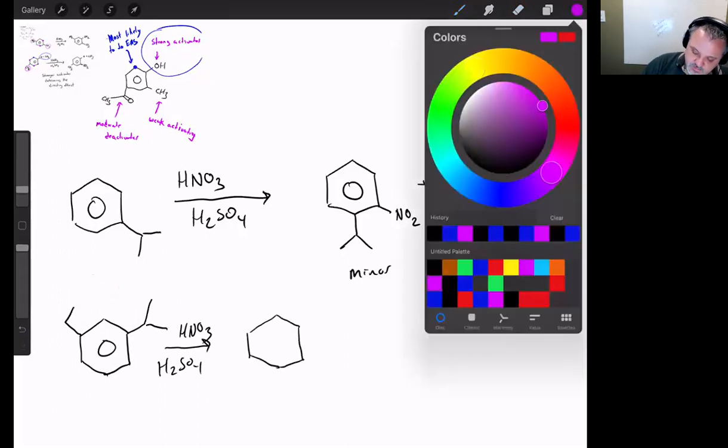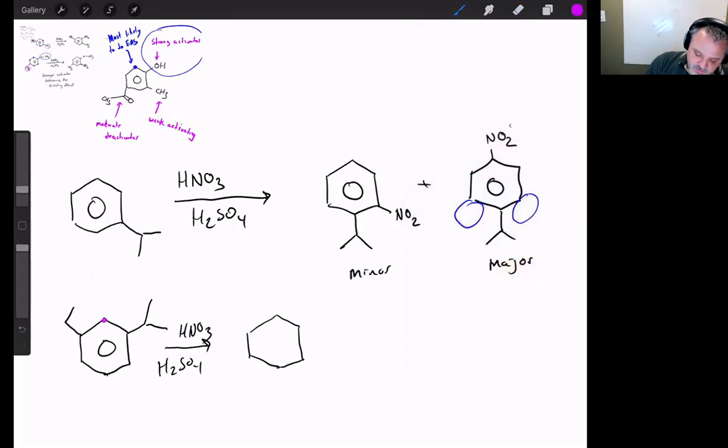I've got this group directing ortho and para, and this group also directs ortho and para. Which one of these positions is more likely to undergo electrophilic aromatic substitution? What are all of the possibilities?